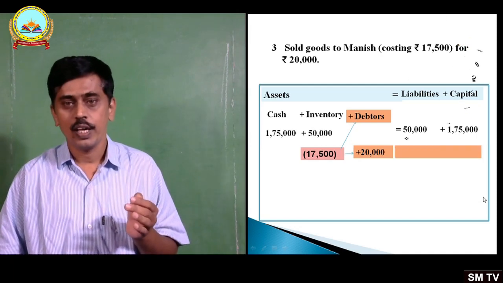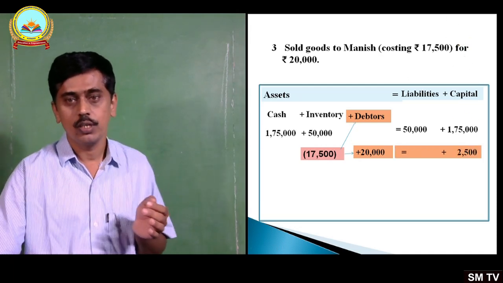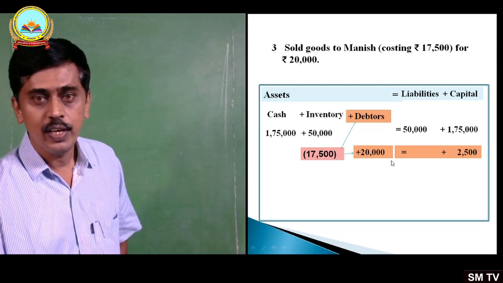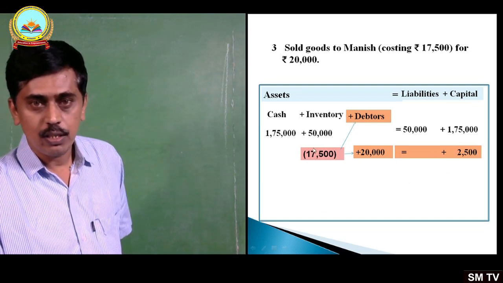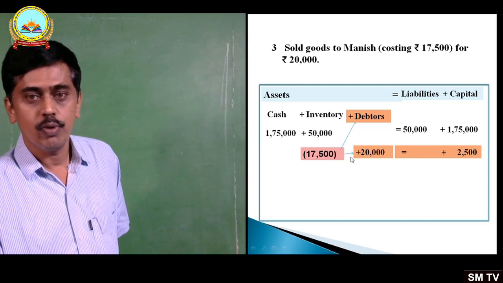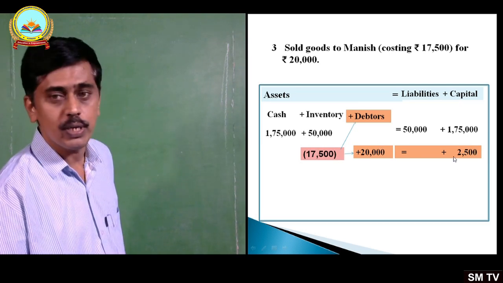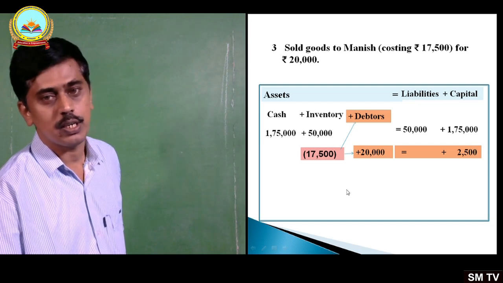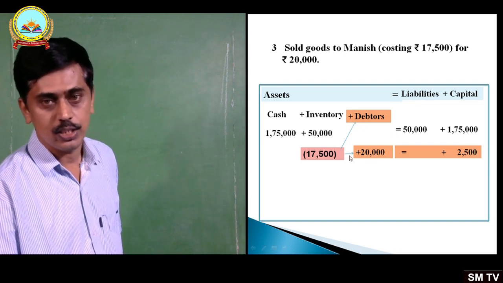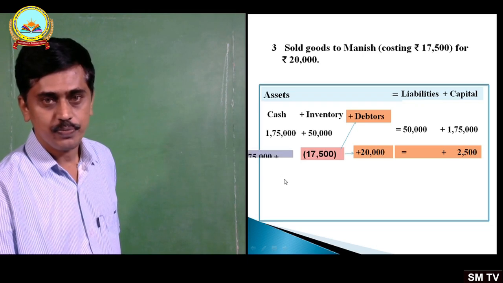It comes on the liability side. So plus 2,500. Goods worth rupees 17,500 are sold for rupees 20,000, so 2,500 rupees profit. Profit will be added to capital. This is the event. Now let's see the effect.